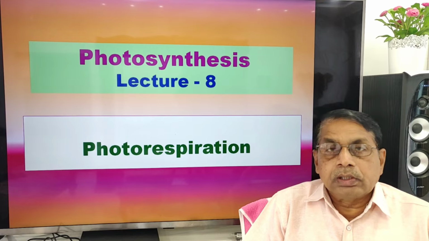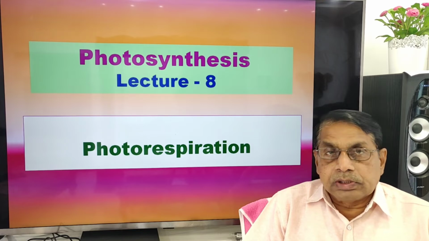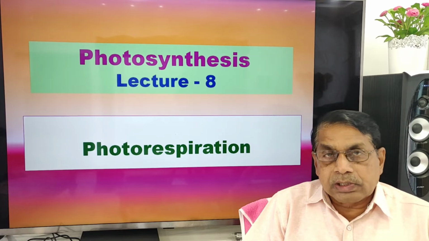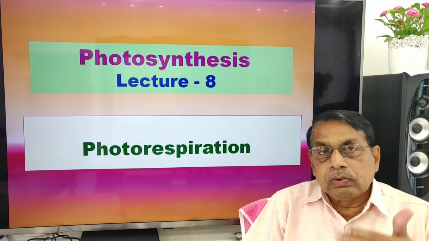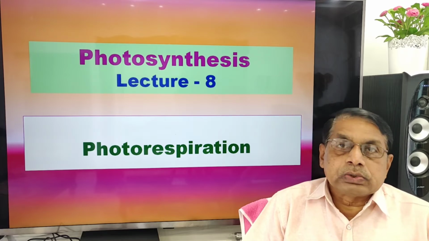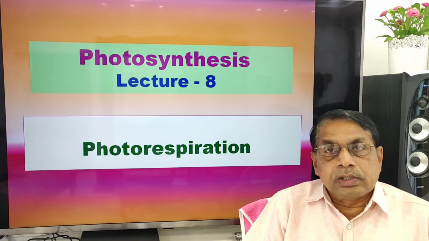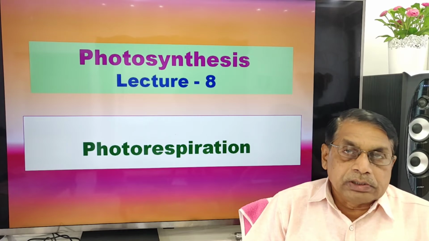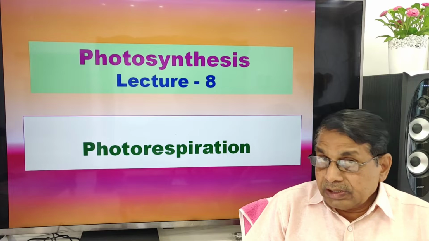You know about normal respiration, which includes glycolysis, the Krebs cycle and electron transport, wherein glucose is finally oxidized to carbon dioxide and water to give rise to ATP energy. Photorespiration is different.